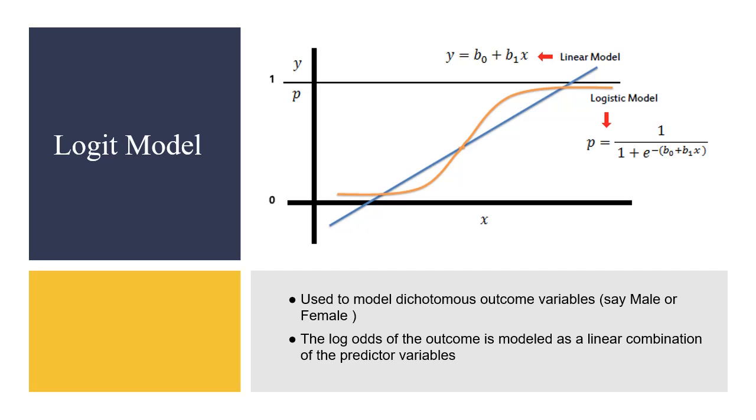In the normal linear regression, you have a blue line. The line crosses the values 1 and 0, and it can be anywhere. That means the Y value can be anything, minus or plus of any magnitude.